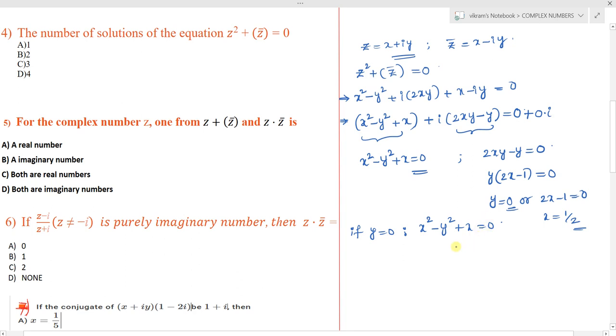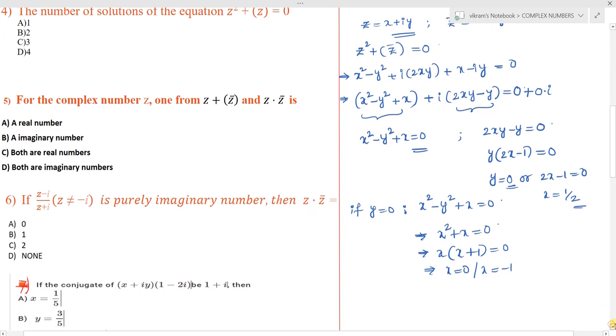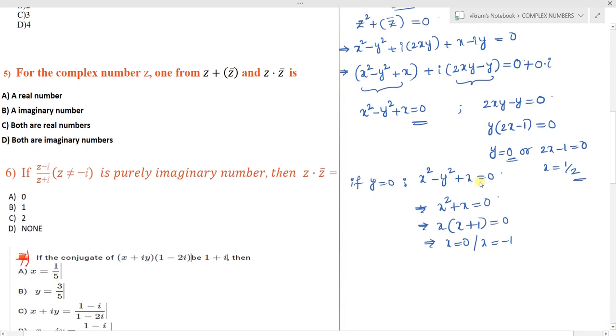Then x square plus x equals 0. Taking x as common, x times (x plus 1) equals 0. That implies either x equals 0 or x equals minus 1.